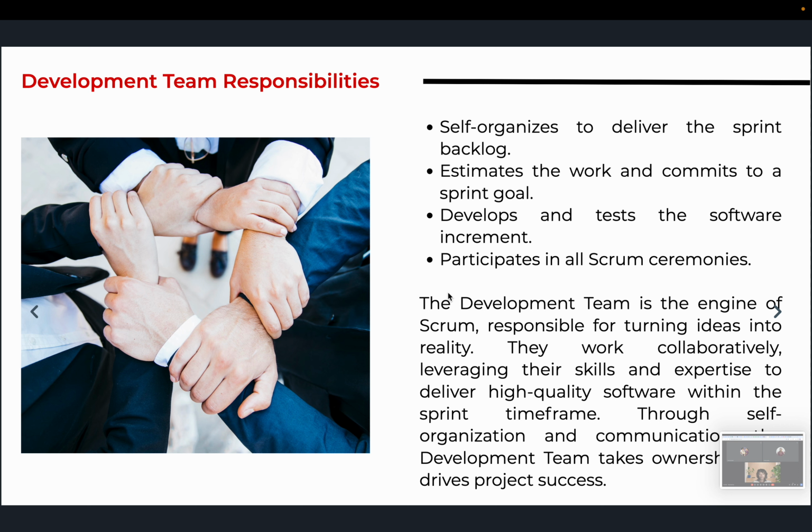So the development team is a very key aspect of Scrum. They are the ones that build the right thing. All right. So without the development team, there is no Scrum. They are self-managing and they work in collaboration with the other members of the team. So I'll move on to the next.